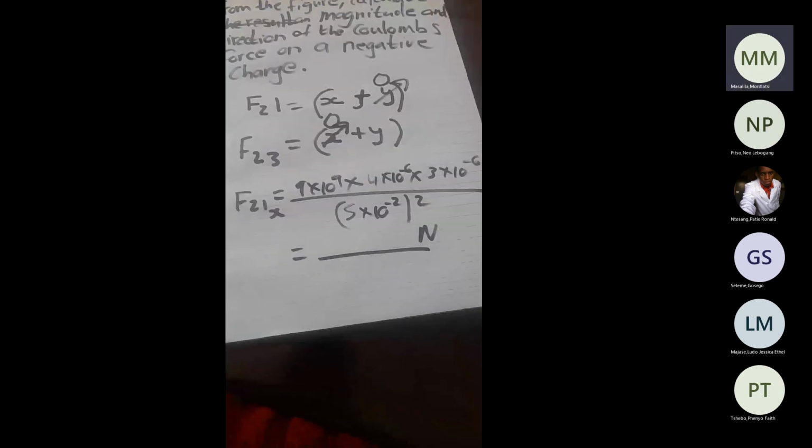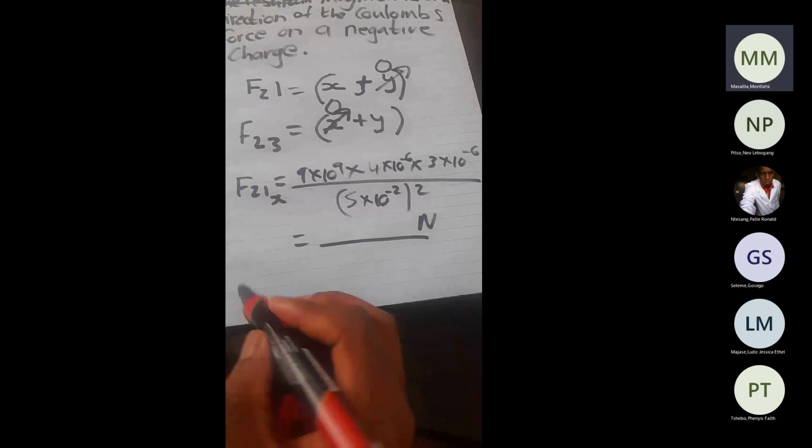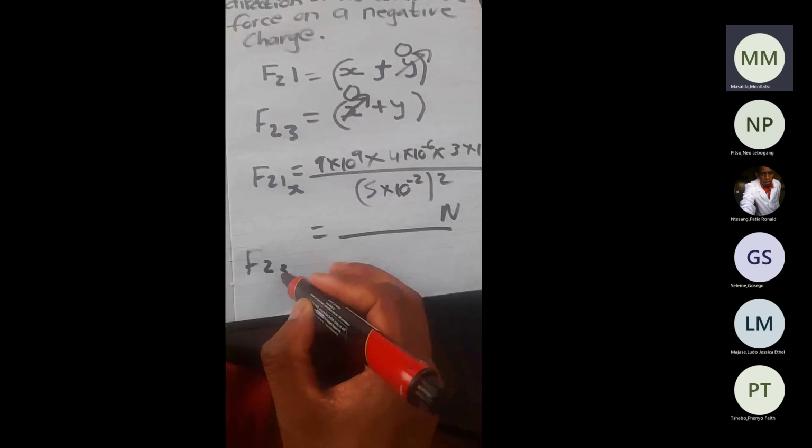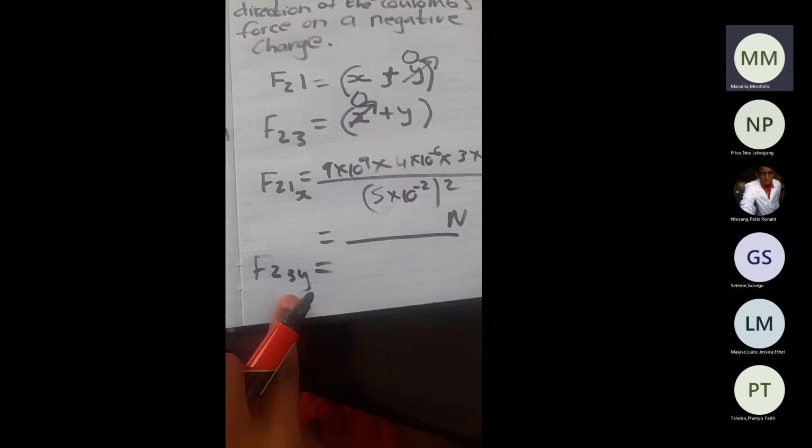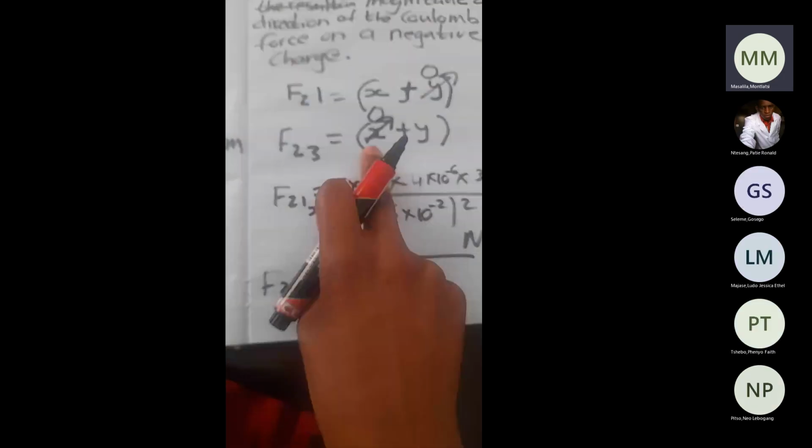Then what you're going to do next is you're going to say force 2, 3, y. Why? Because the force 2, 3, its x is 0.